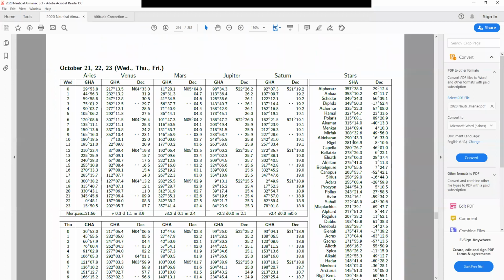We go to this table on the right that gives us all the info for the stars: SHA and declination.